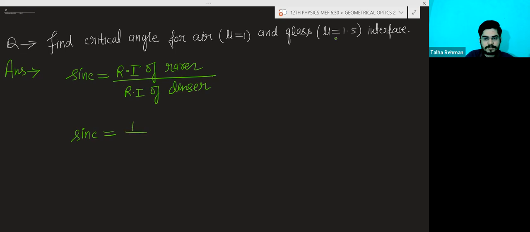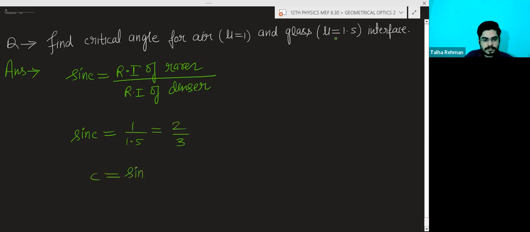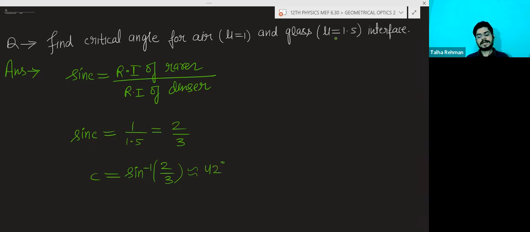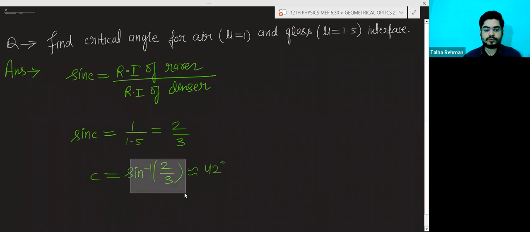So sine of C is 1 upon 1.5, it will become 2 by 3. So critical angle will be sine inverse of 2 by 3, and this will be approximately equal to 42 degree. So the critical angle for the air glass interface is 42 degree approximately. You can write the answer like this also, sine inverse of 2 by 3. Then also your answer will be considered the same.